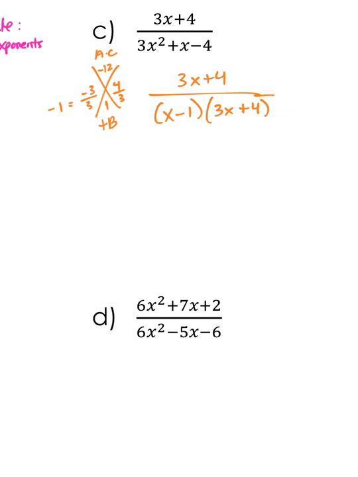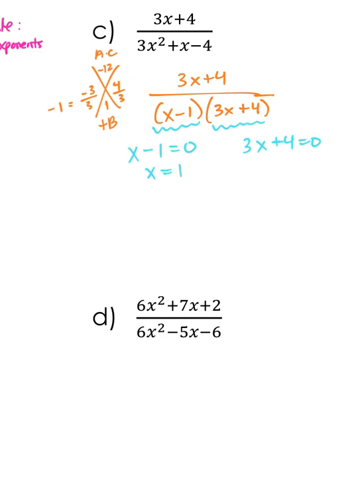So now I can go ahead and figure out what my excluded values are going to be, because neither of these factors can equal 0. So I need to figure out what values would make them equal 0, so those are my excluded values.